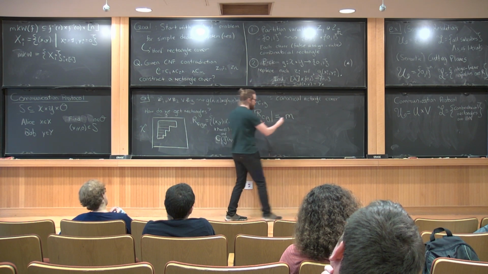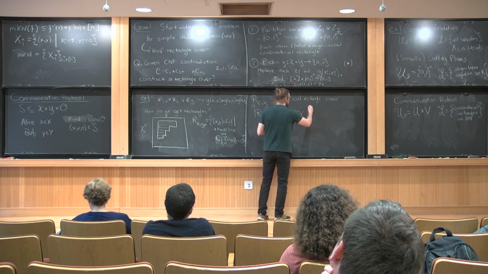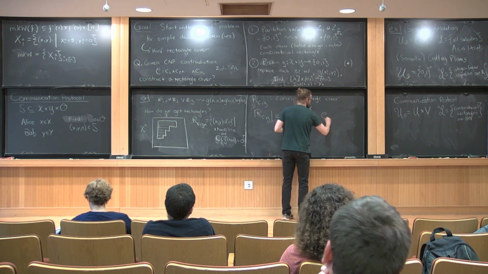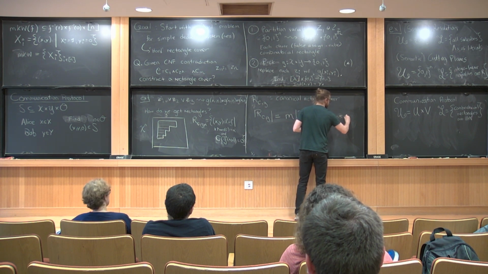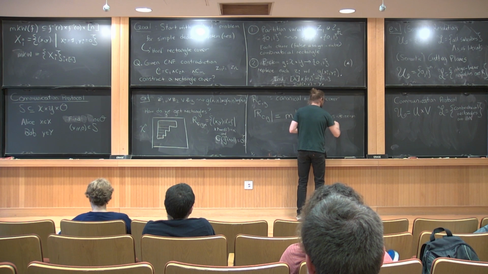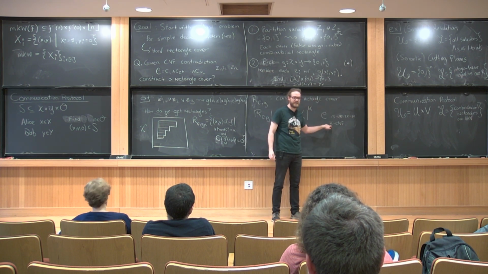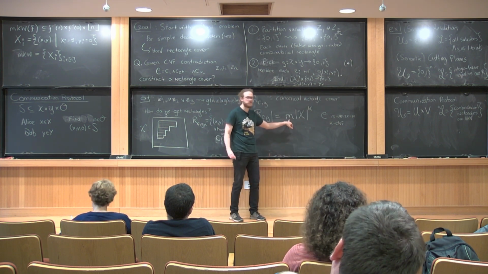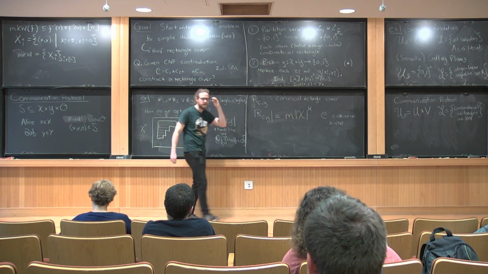And then every clause is going to get broken up into rectangles that correspond to its width. So if F has size m and width k, then the size of the rectangle cover will be at most m times 2^k. Does that make sense?